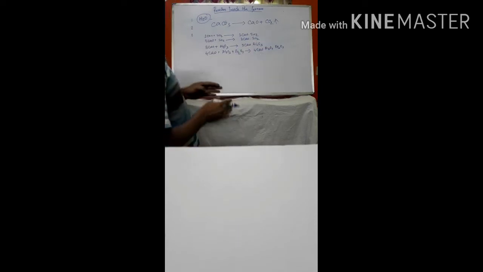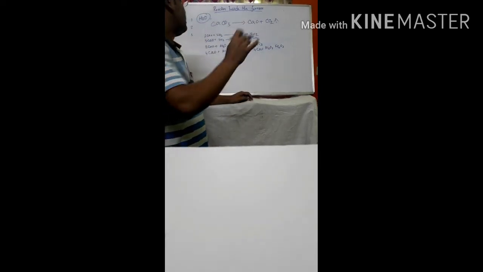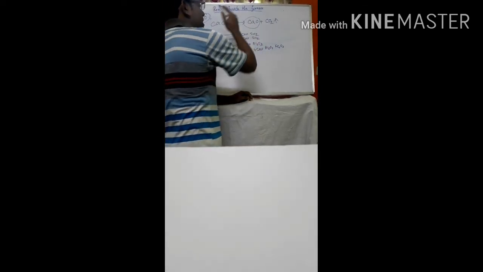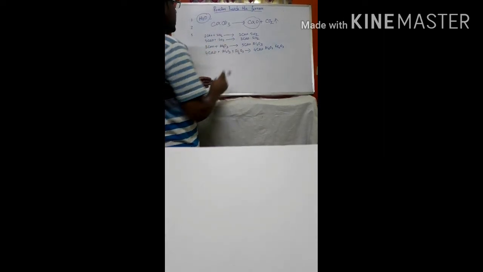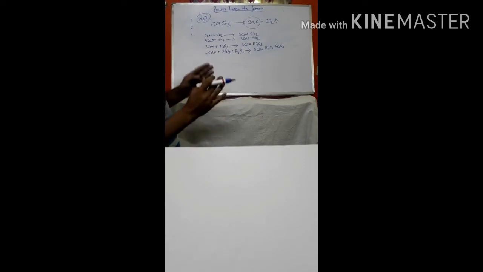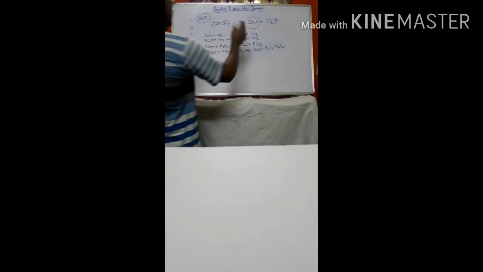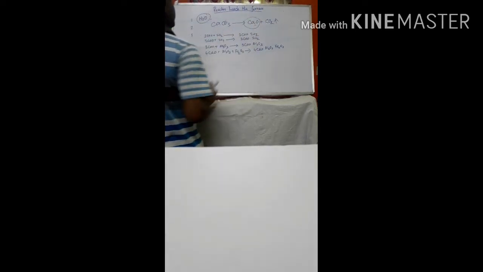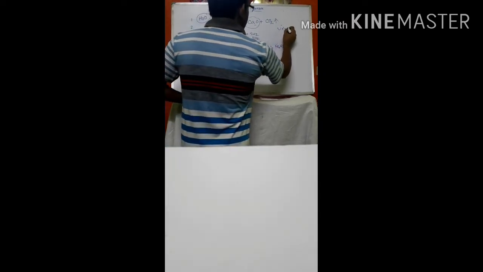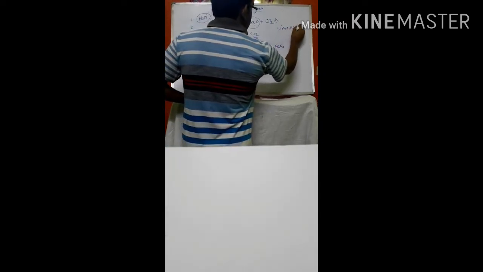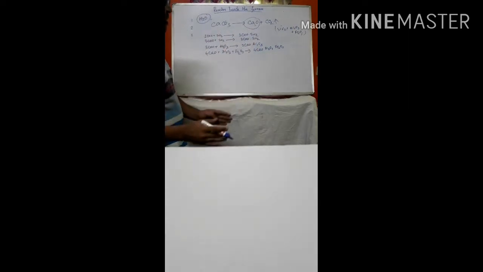Now the third reaction, the lime and clay. Silica, alumina and iron oxide are known as clay. Lime and clay means SiO2 plus Al2O3 plus Fe2O3. They are all known as clay.